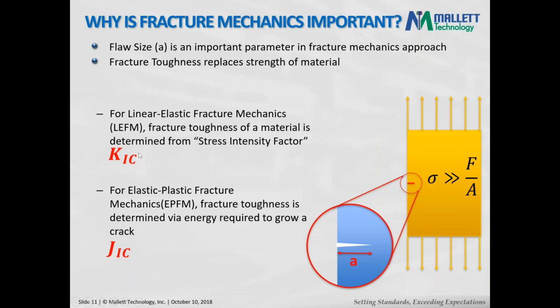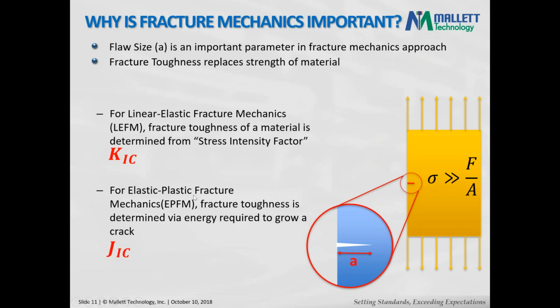K sub 1, the 1 there, it's not an I, it's really 1, refers to mode 1, and C refers to critical. K sub 1C is really a material property, just like Young's modulus.